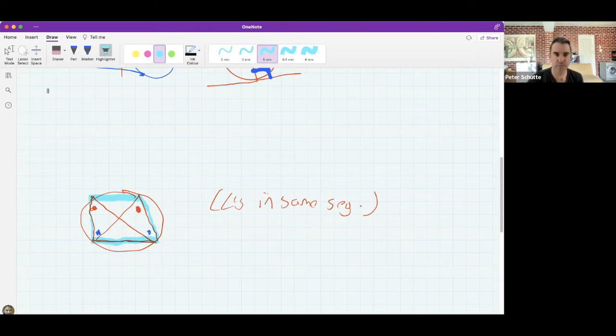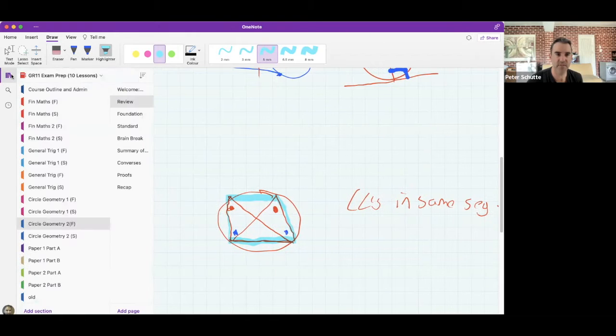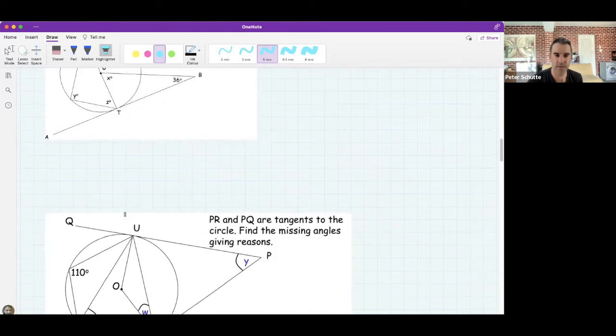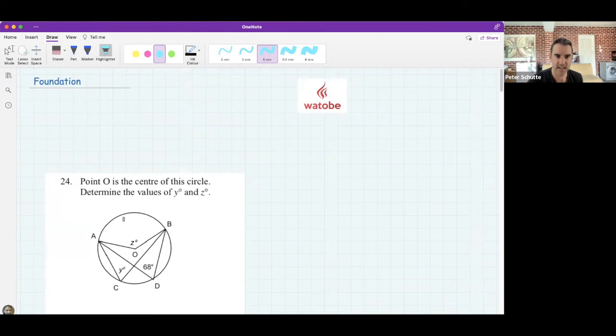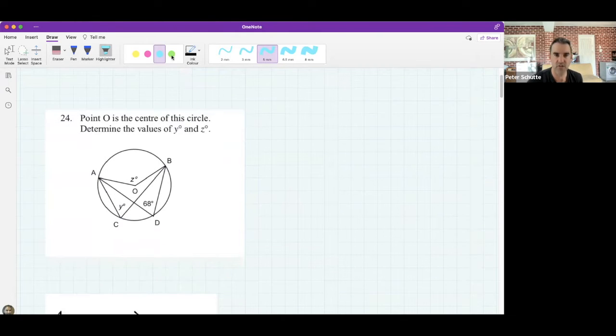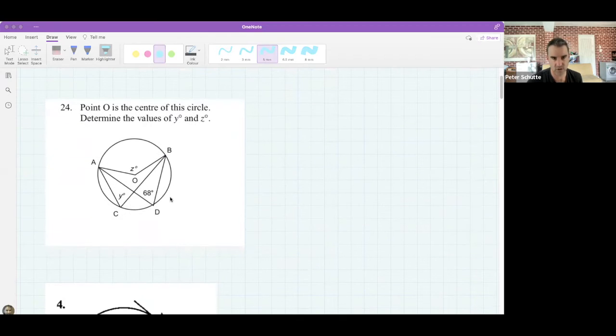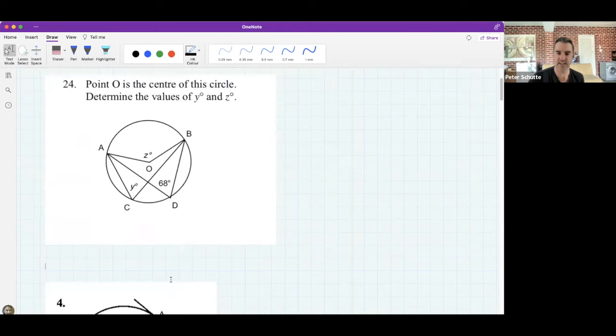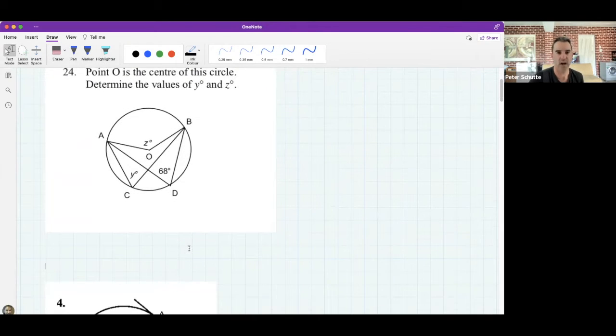Okay, so I hope that was helpful, Teddy, just in doing a little recap. Let's see some of these in actual use. So let's go back to the beginning and let's try and solve in this question for y and z. And when you've solved it, I'd love someone to come online, when you've had a bit of time to think about it, and tell me how they got z and y.